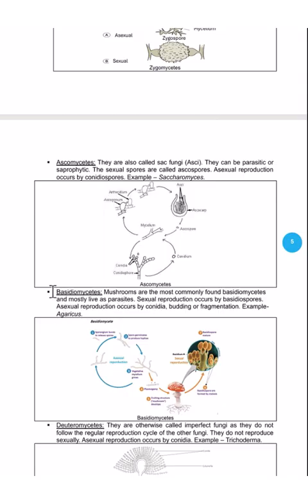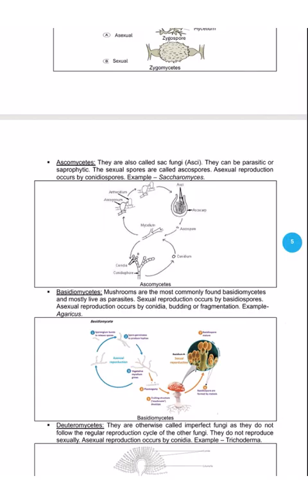The fourth type is deuteromycetes, and we call this group imperfect fungi because they do not reproduce sexually. They just reproduce asexually by the formation of conidia or conidiospores. And an example of this group of fungi is Trichoderma.